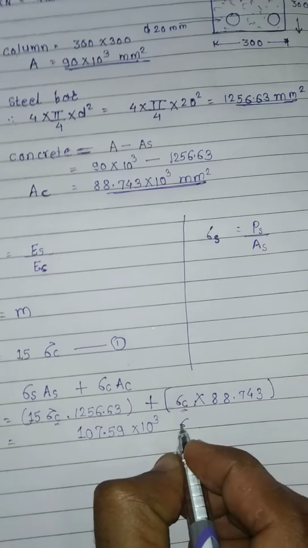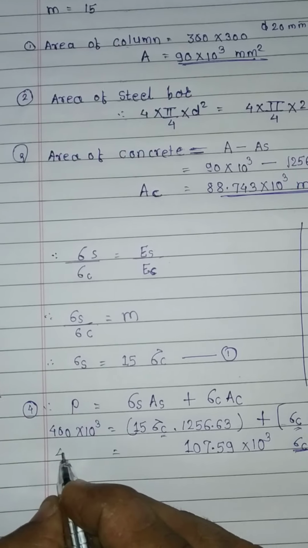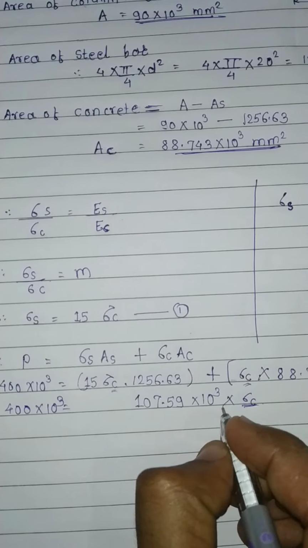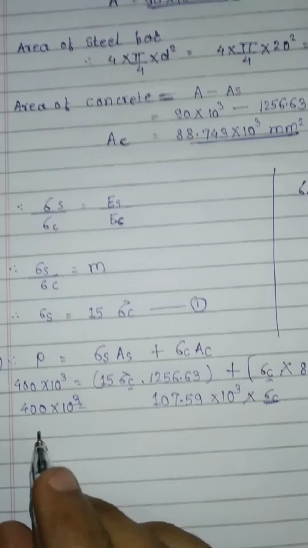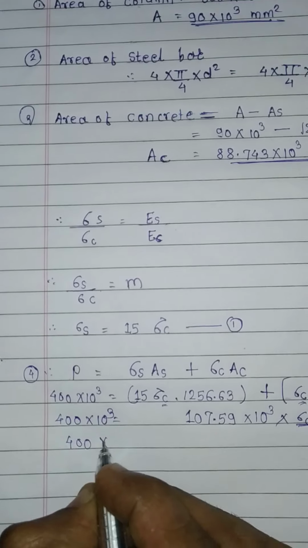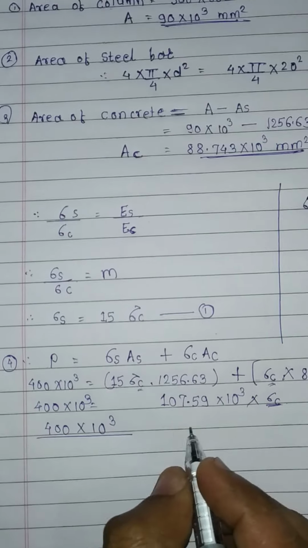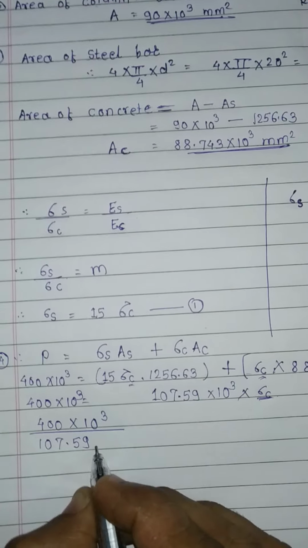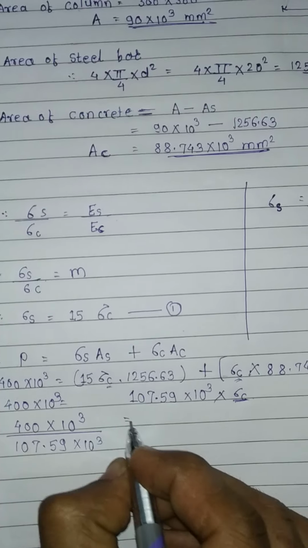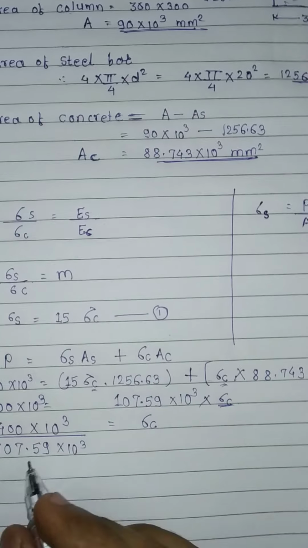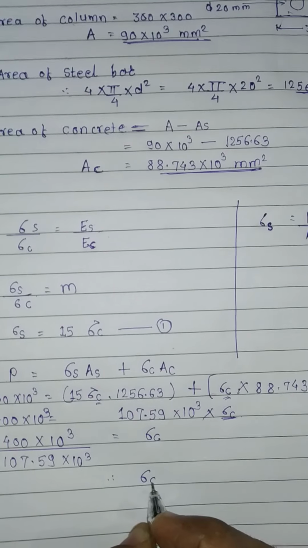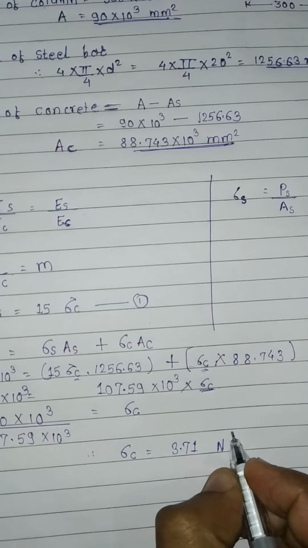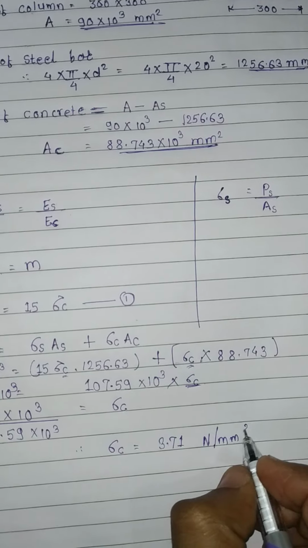This value multiplies sigma c, so transferring this to the other side it divides the load. 107.59 into 10 raised to 3 is equal to sigma c. We solve this and get sigma c is equal to 3.71. The unit of stress is Newton per mm square.